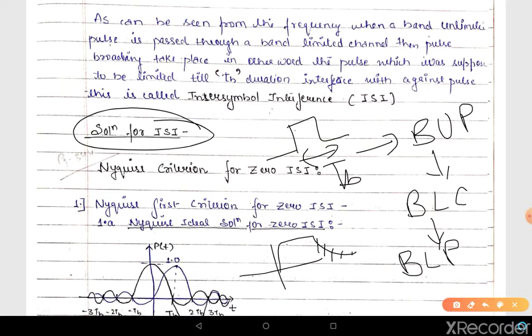So this pulse is interfering with another pulse in this region. This region is meant for some other pulse. That is why ISI was occurring.